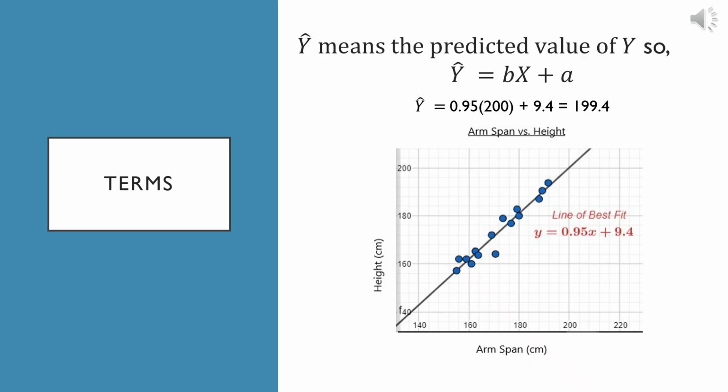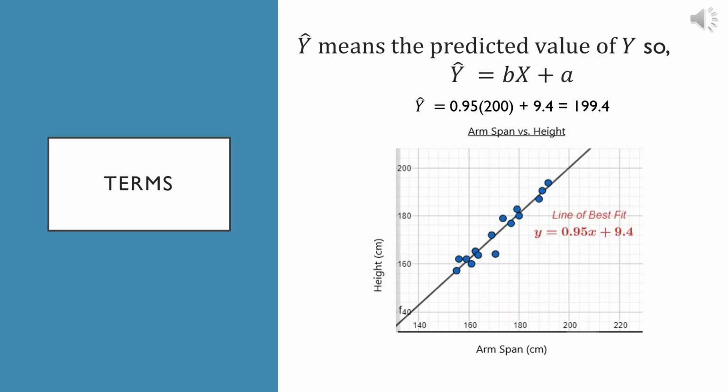And actually, since we have the equation for the line of best fit, why don't we just figure out what is the predicted value of y, that is the predicted value of height, when arm span equals exactly 200 centimeters. Based on this data, we have the line of best fit that says y equals 0.95x plus 9.4. So we just plug into that equation, 200 centimeters is x.